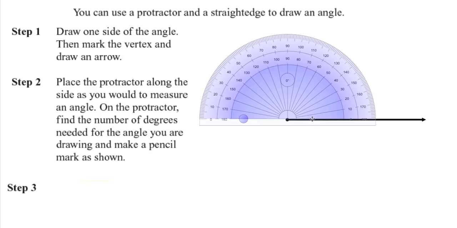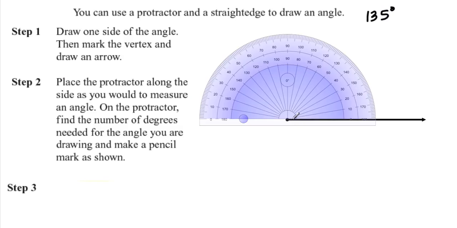And find the number of degrees needed for your angle you are drawing, and make a pencil mark, as I will show you. So let's say we want to measure an angle that is 135 degrees. So that's what we want to find.